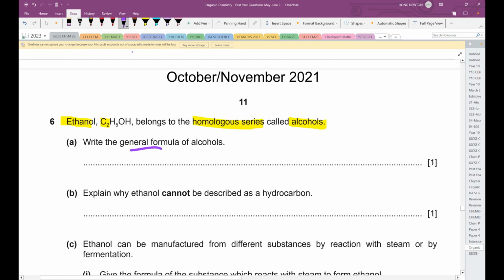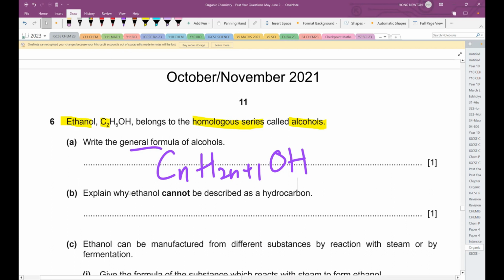Yes, correct. CnH2n+1, then who must have the tail? What is the tail? The OH. OH is the tail. The hydroxyl is a group. Hydroxide is one of the members.